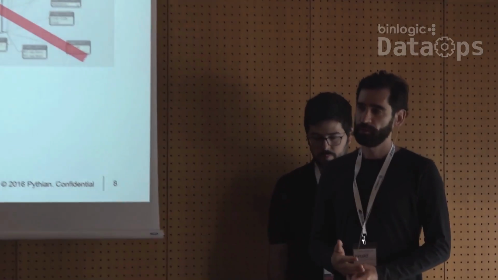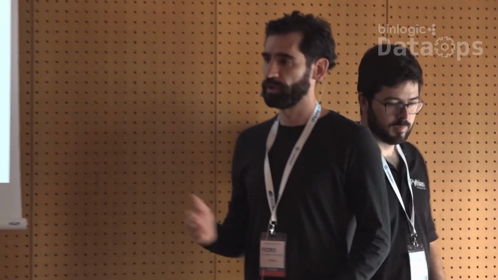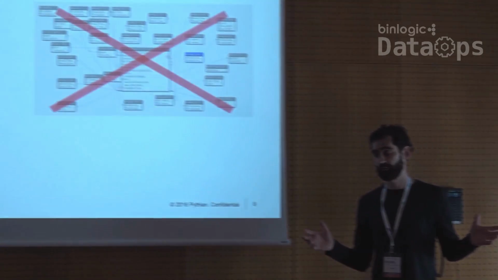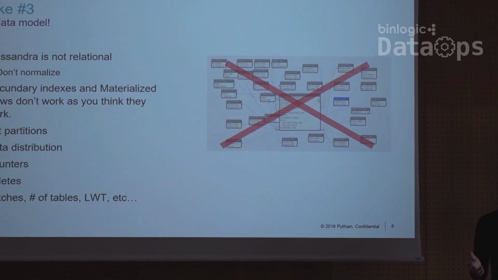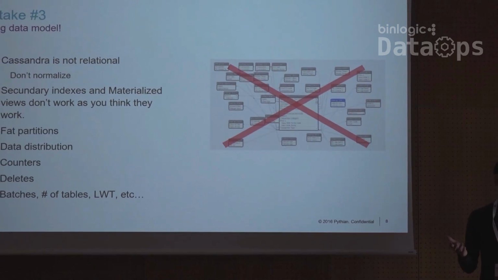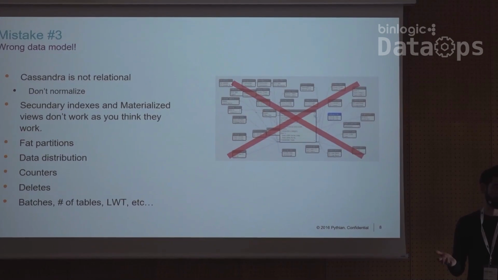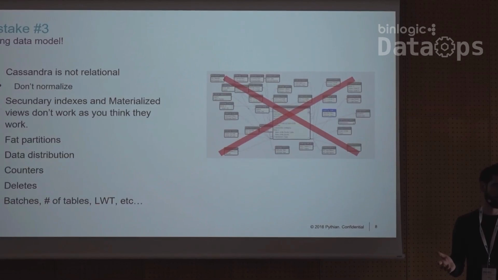Basically what happens very often is that we have a client that was using a relational database, and usually it's because the database they were using is no longer able to handle the amount of writes they were receiving, or they have several geographical regions they want to serve, or the amount of data is really big, and then they start considering moving to Cassandra.